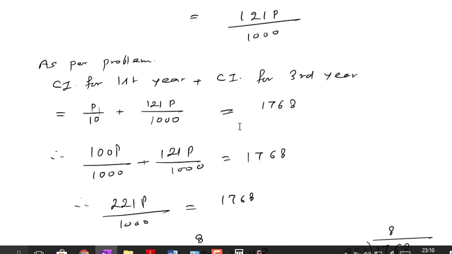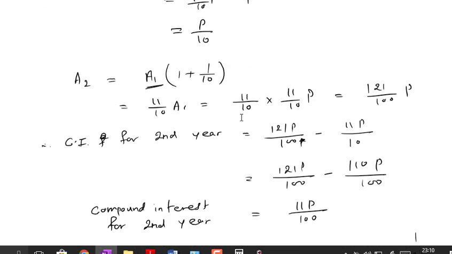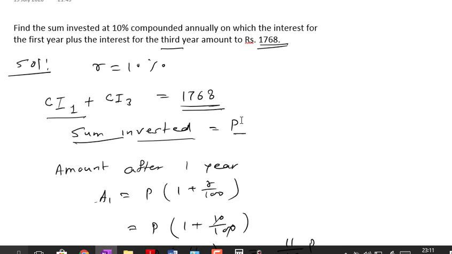So have you got the value of P? We have to find the sum invested. Initially we don't know the sum, so we have assumed that it is P. What is given is that the addition of interest for first year and interest for third year is 1768. Step by step I found the interest for first year, second year, and third year.